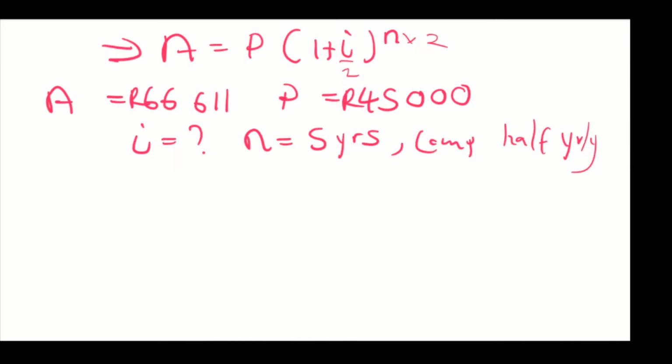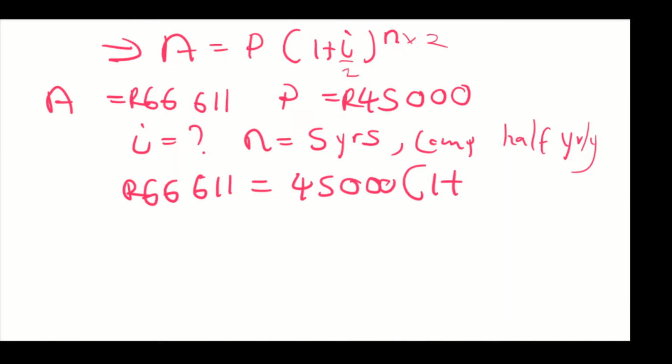So instead of writing A, you're going to write 66,611 Rand, equals 45,000 Rand into 1 plus interest rate, which we don't know, but we know it's compounded half yearly, so it's divided by 2, to the power of 5 years multiplied by 2 because it's compounded half yearly. And then we're going to divide both sides by 45,000 Rand, because we want this i here.